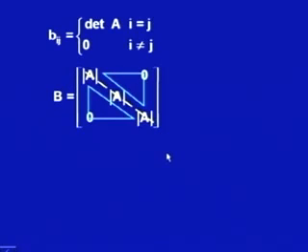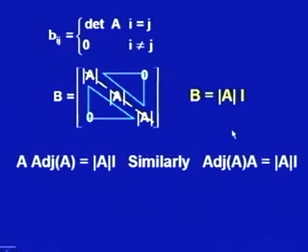So, if B is a diagonal matrix, then one can take determinant A outside, the number only, and what remains here is nothing but the identity matrix, and that proves the result that A times adjoint A is determinant A times I.